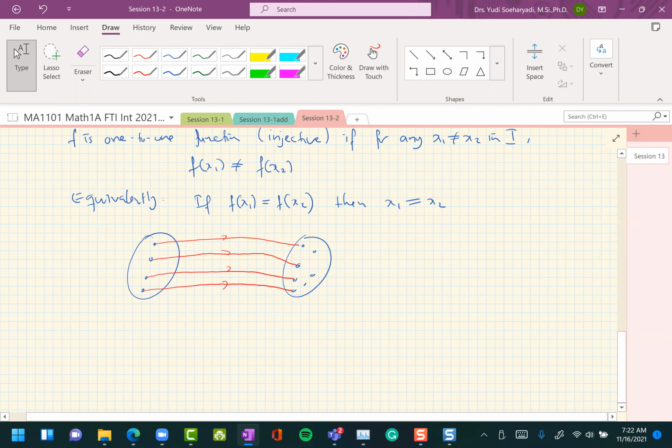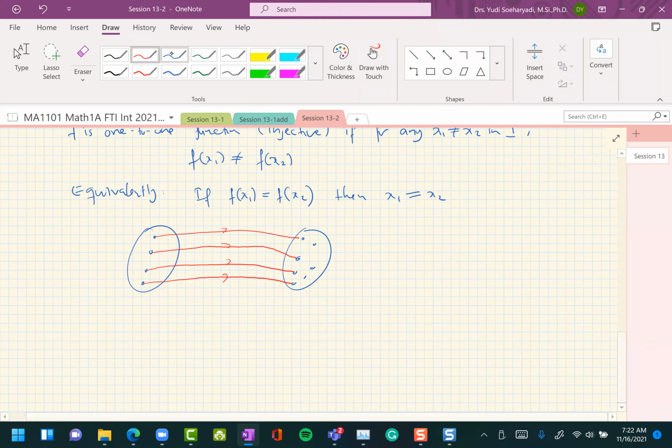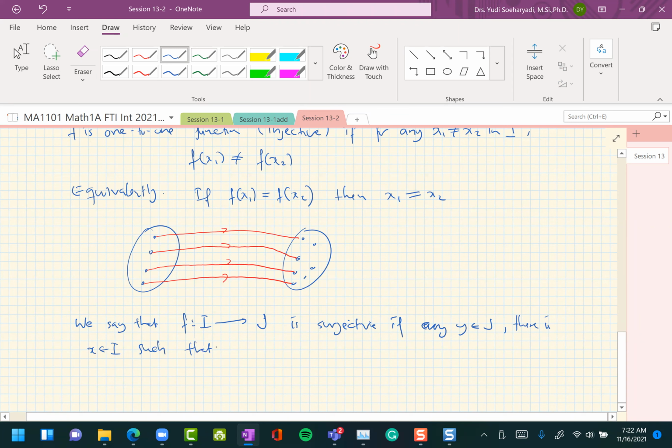And we say that f is surjective if for every y in J there is an x such that f of x equals y.